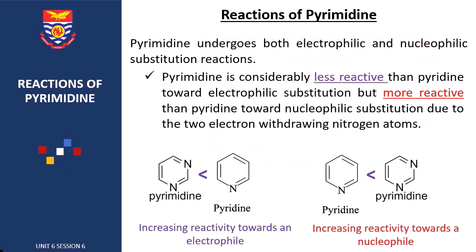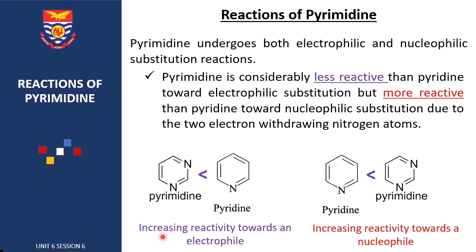Okay, so in considering the reactions of pyrimidine as well as pyridine, in comparing the two as you can see here, because of the presence of the second heteroatom present in pyrimidine, it makes it less reactive than pyridine towards an electrophile, right?